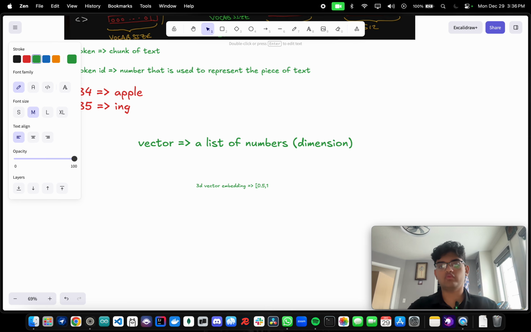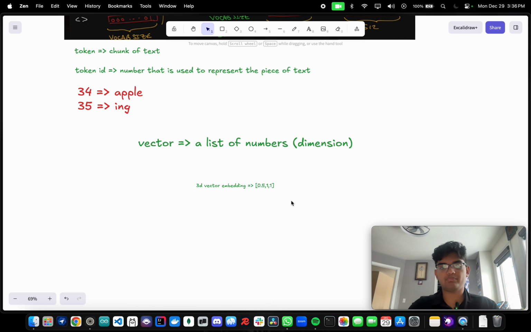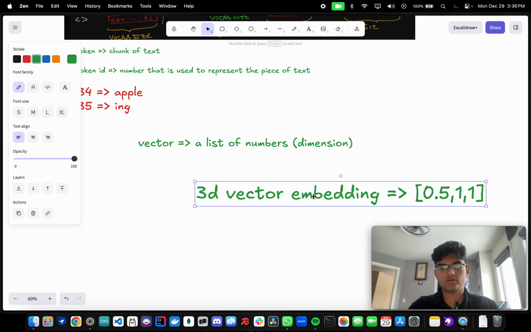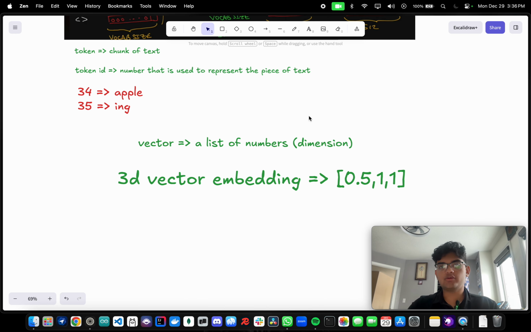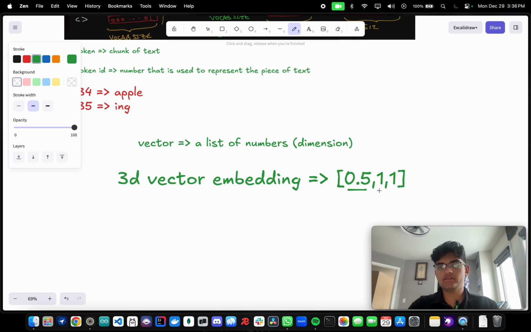So let's say you have a number for that. And then let's say you have a number for status. So that's sort of how this works, right? These numbers over here, they just represent specific aspects of that specific word that you're talking about.